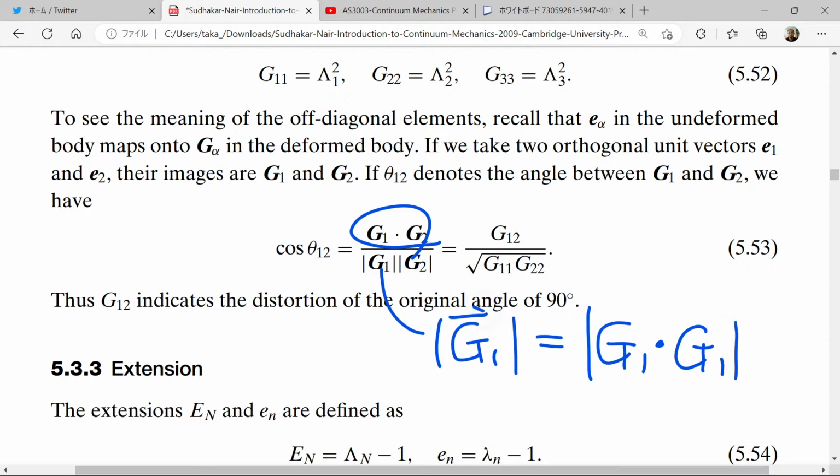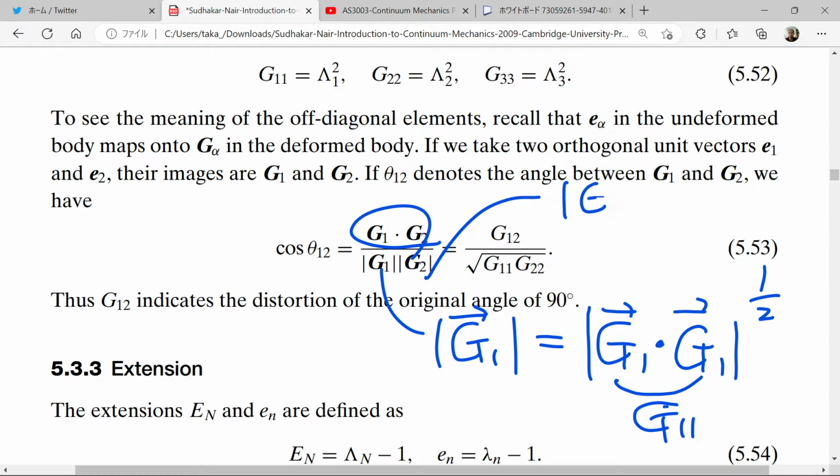So this is vector, right? Because this is the tensor component, this is like square root. So this is tensor component G11. Here, this is also the same.